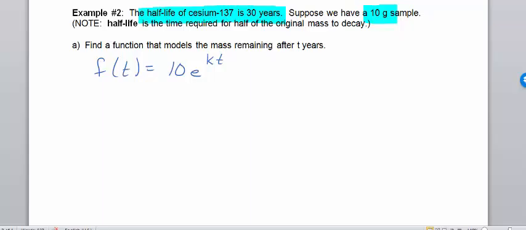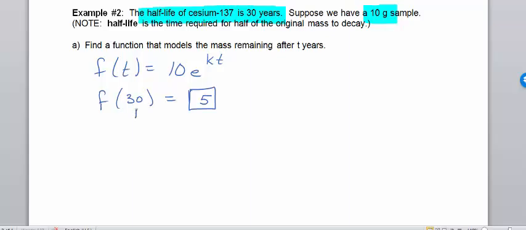So to work this out, what we're going to do is we're going to say, hey, after 30 years, which is one cycle, okay, we're going to say, what's the value that we're going to have? Well, that value that we're going to have after 30 years, I hope you realize, is 5, because it cuts the value in half after one cycle.